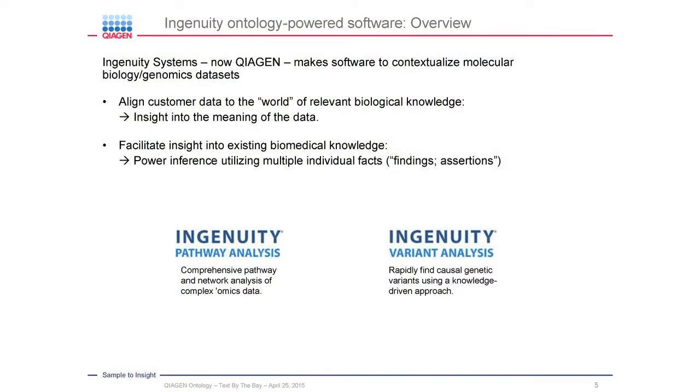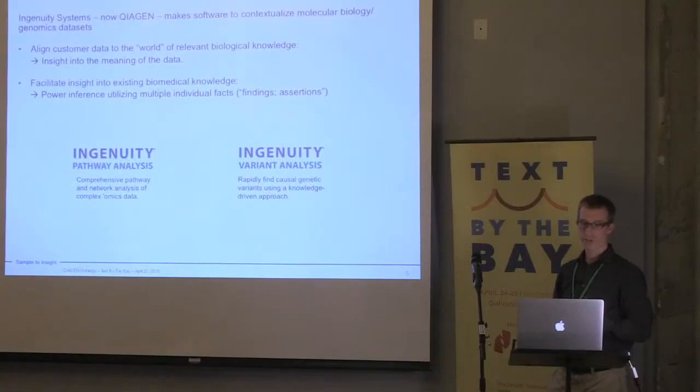Ingenuity now, as I said, QIAGEN makes software to contextualize molecular biology and genomics data sets. So the general idea, the overarching principle, is that we're aligning customer data to the world of relevant biological knowledge in order to give insight into the meaning of what would otherwise be raw and perhaps uninformative data.